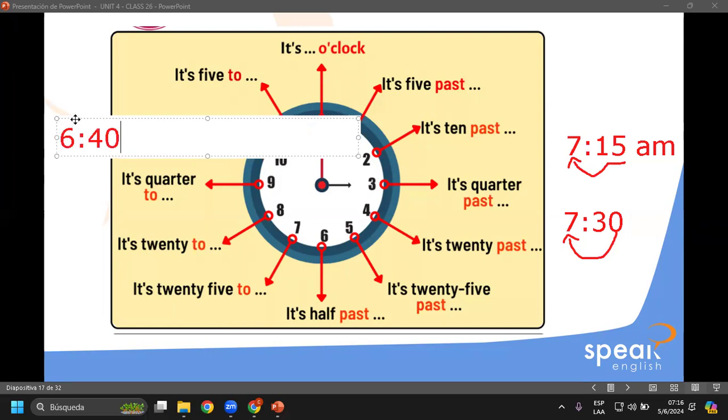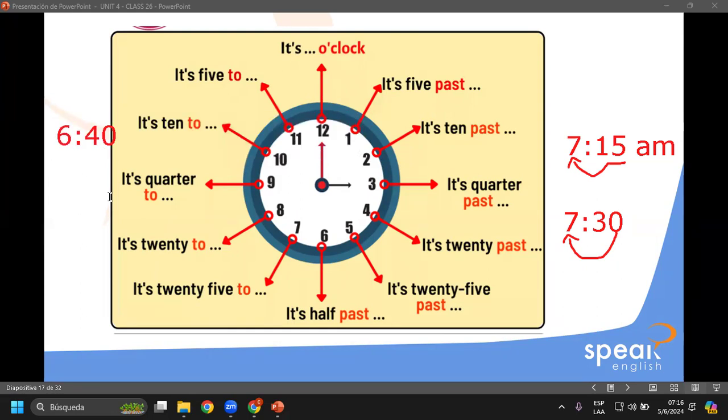What time is it? Volunteer? It's 22:07. Excellent. Remember, when we are talking about the second half of the clock, we use the preposition to, and we need to say the next hour, okay?